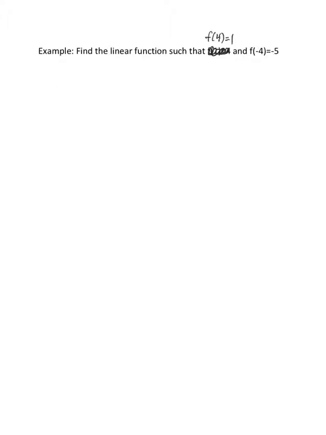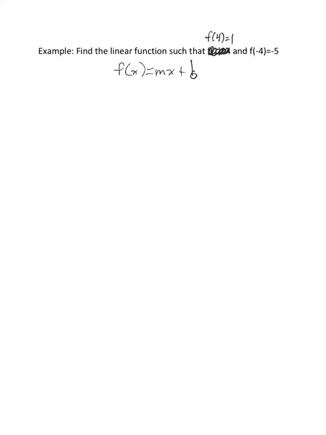Now here we're looking at essentially the same type of function, but we have functional notation. We're going to write this as a linear function, which means we're going to try and write f of x equals mx plus b. And so we have f of 4 equals 1 and f of negative 4 equals negative 5.